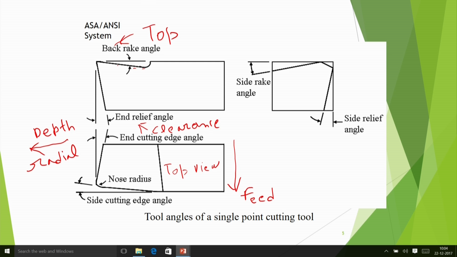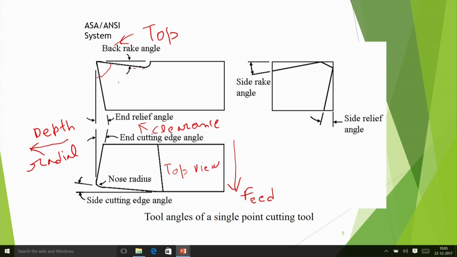This angle is also really very small, maybe 2 degree, 3 degree, 5 degree, those type of things we will discuss. And the angle between these two, which of course is not part of the ASA system, but naturally you can find out that this can be called some included angle.